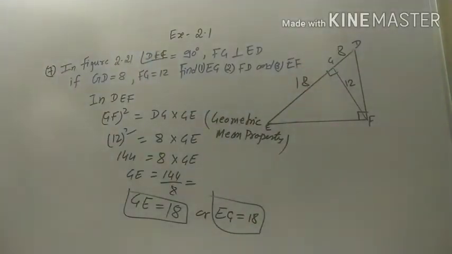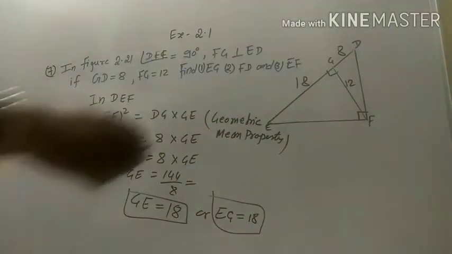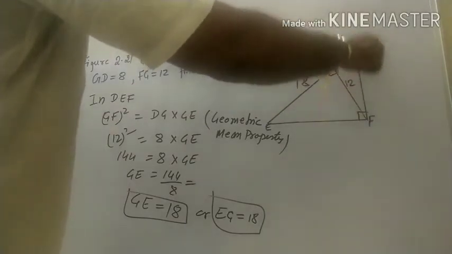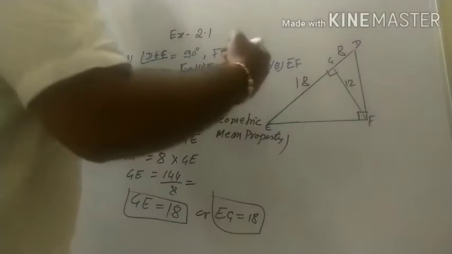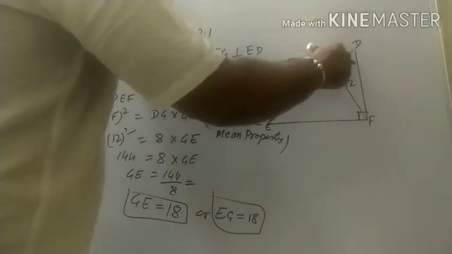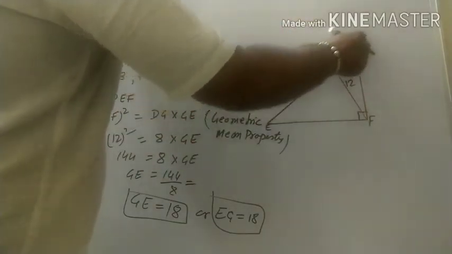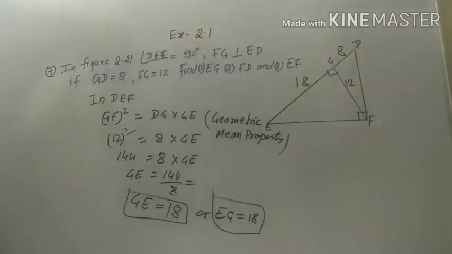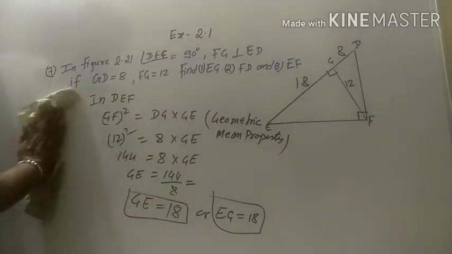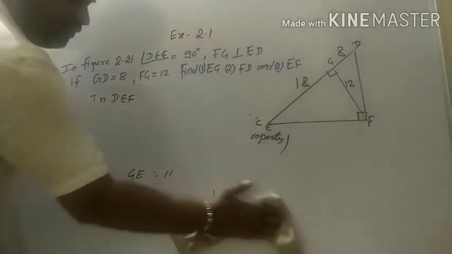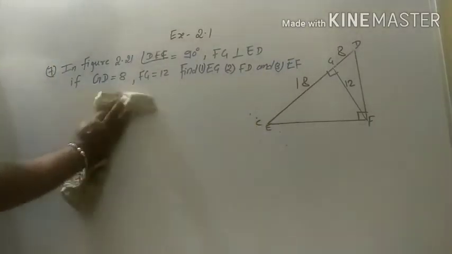Now we find FD. Where is FD? FD is over here. For finding FD, which triangle do we see? We see triangle FGD.